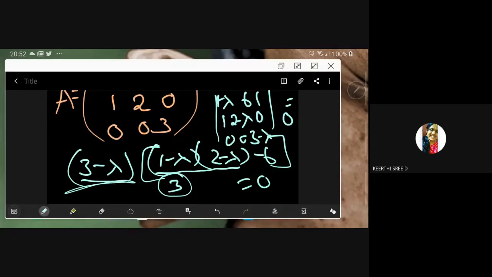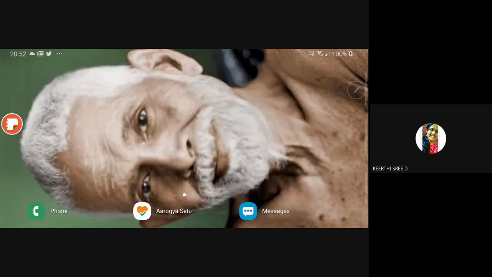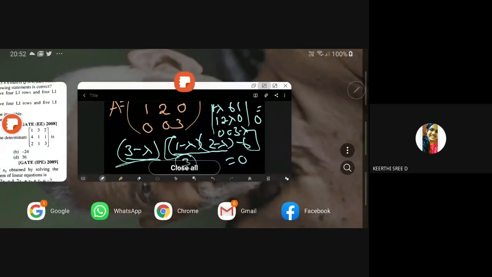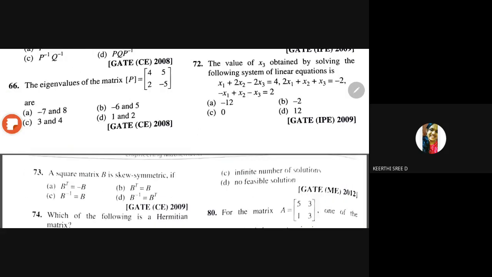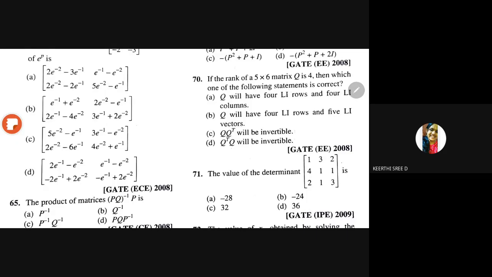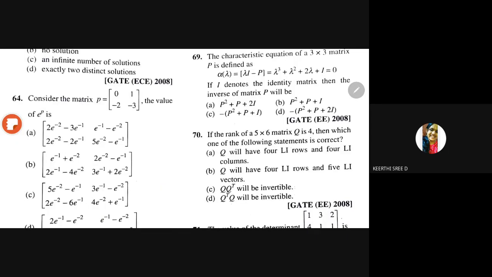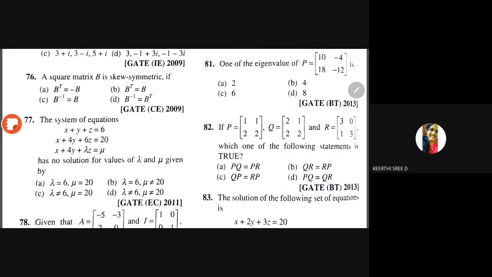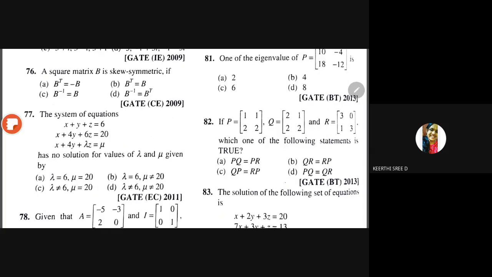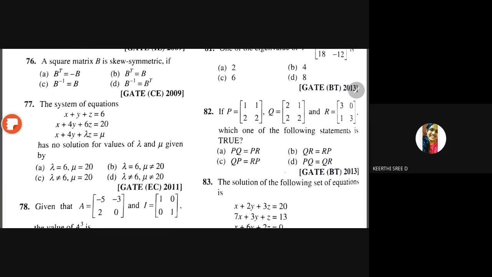I think the only question we need to answer is 64. If you have an idea for 64, we'll see that. I have seen almost all the questions. They are simple ones. From our PPT, you will get all the answers.